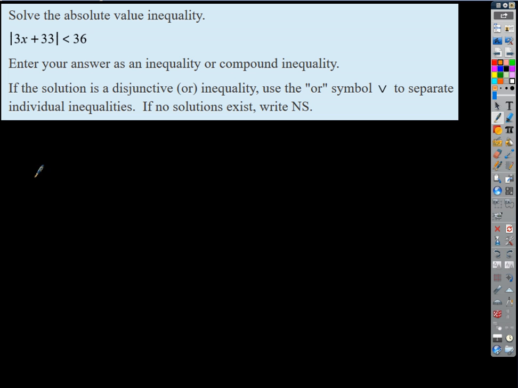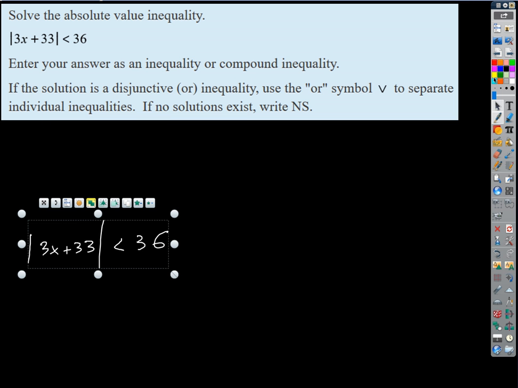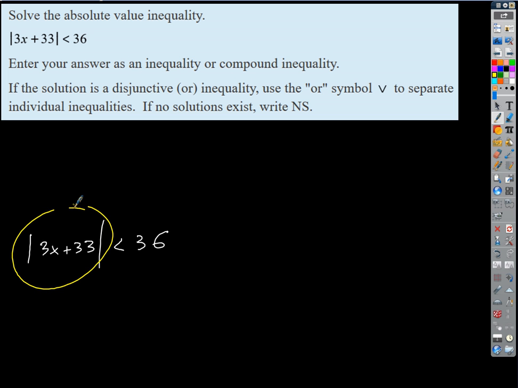The absolute value is already isolated. We don't have to do anything to get it by itself.